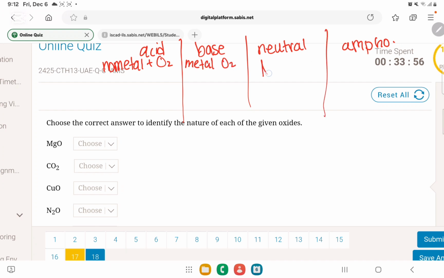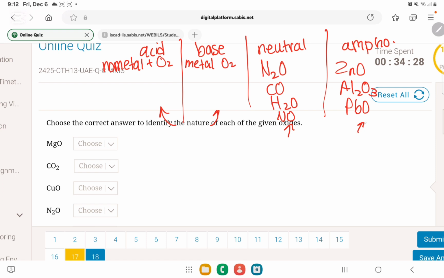And neutral oxides are just N2O, CO, H2O, or NO. And amphoteric oxides are ZnO, Al2O3, and PbO. Okay? Acid reacts with base, base reacts with acid, neutral reacts with none, amphoteric reacts with both. Okay?